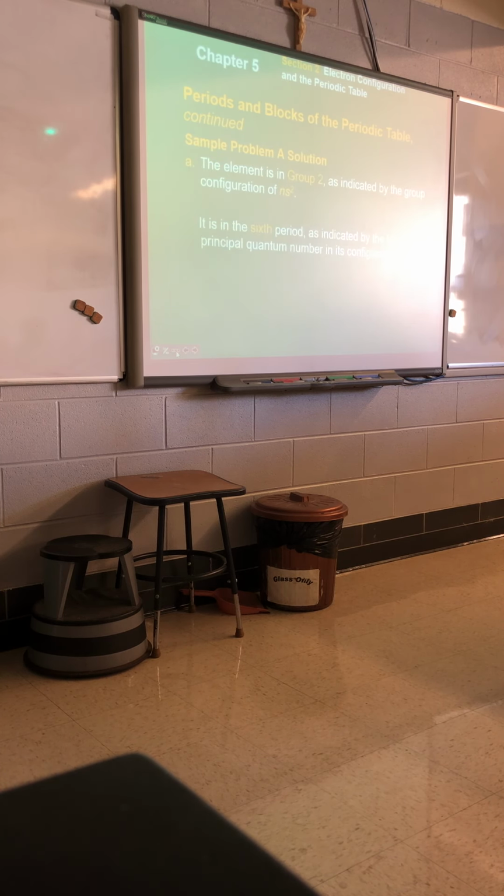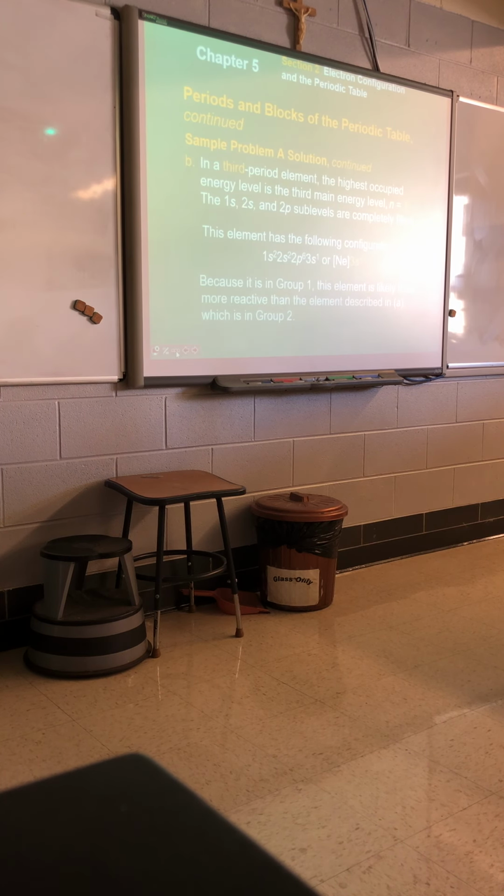Okay, let's look. So for part A, the element's in the S block, it's in the 6th period, and it has that designation ns2, so it's in group 2. For part B, it's a third period element with 1 electron if it's in group 1, so you should have written 1s2, 2s2, 2p6, 3s1, which is specifically sodium.